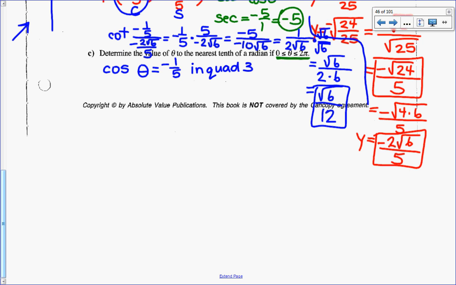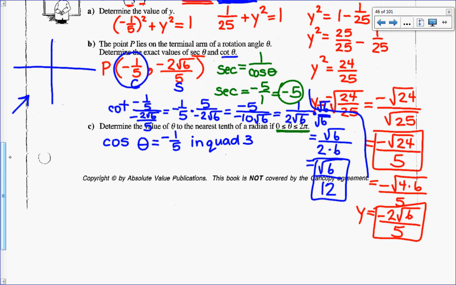So let's just picture this then. This would be an angle here in quadrant 3. So we've come all the way around to there. Cosine is negative in this quadrant.